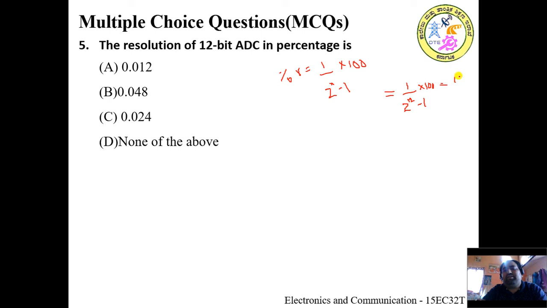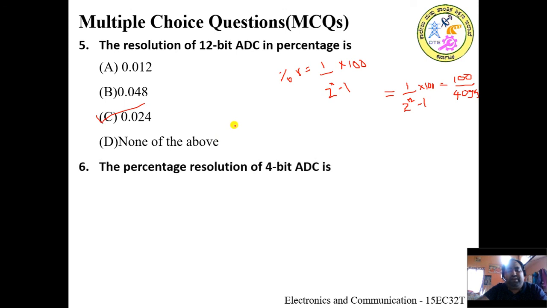And if we substitute the value 4095, 100 divided by 4095, the answer would be 0.024. You can verify this ratio in your calculator. The value comes out to be 0.024.